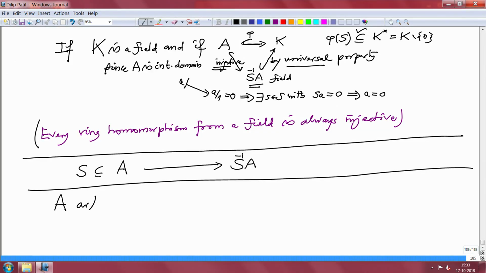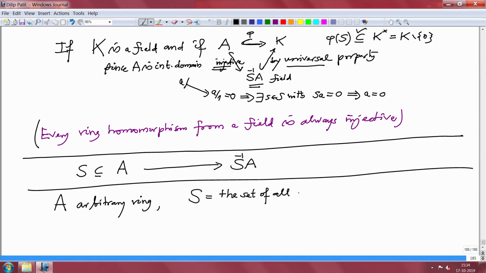But before I go on, I just forgot to mention: what happens if A is not an integral domain? What is the replacement for the quotient field that will play an important role? So now A is an arbitrary ring. In the case of an integral domain, we inverted every non-zero element, and that didn't cause a problem because A was an integral domain, so cancellation was allowed.